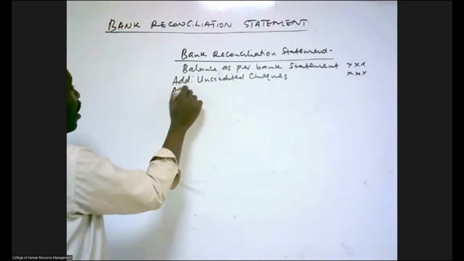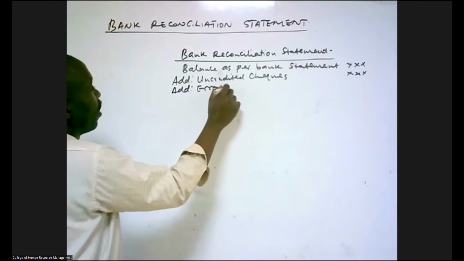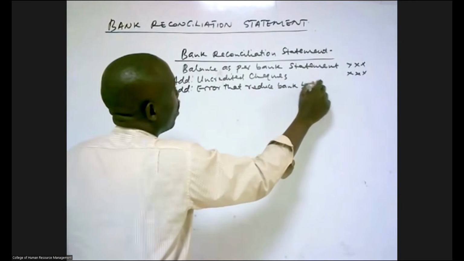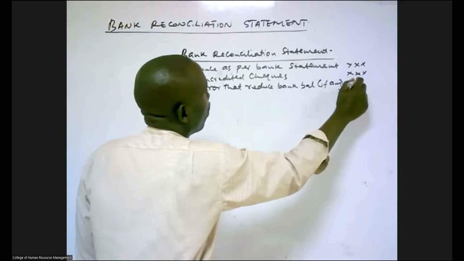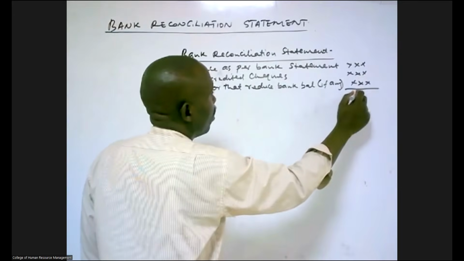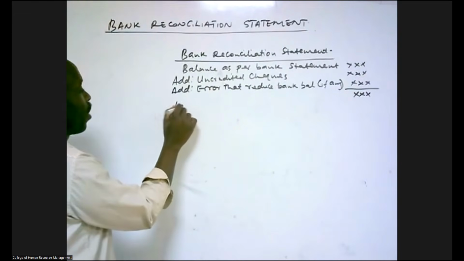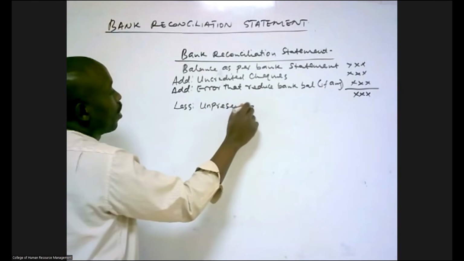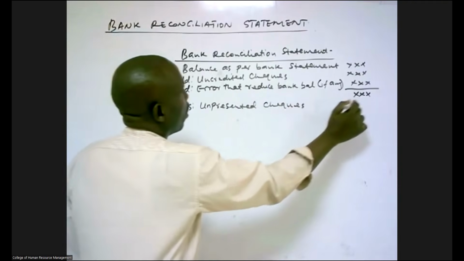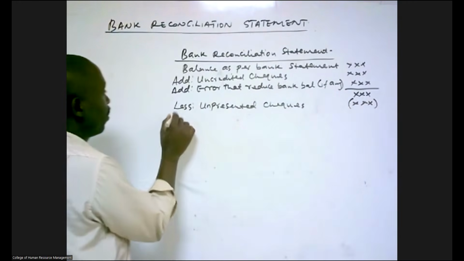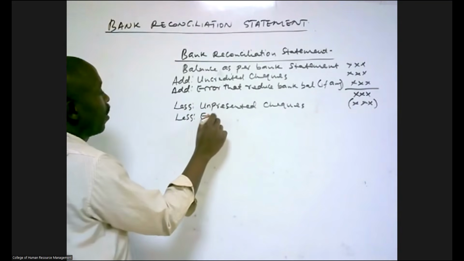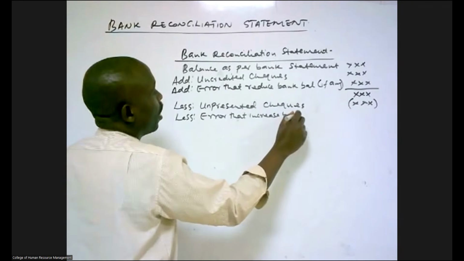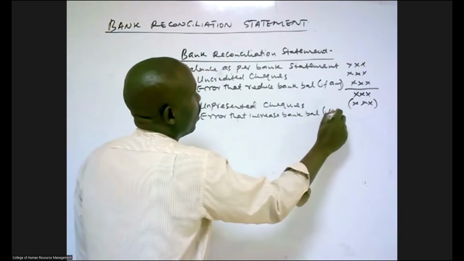So that one you add here, the 9,000. So you add error that reduced bank balance, if any. So that now this plus this plus this will give you a certain amount. Then now you come here and you subtract unpresented checks. Also less error that increased bank balance, if any.